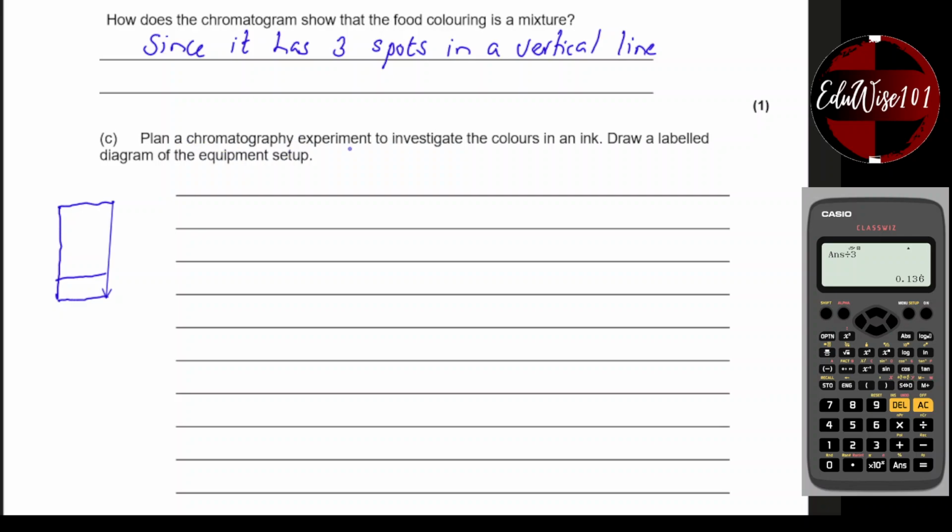Plan a chromatography experiment to investigate the colors in an ink. So in an ink, you only have one ink, so you're going to put that ink dot on this pencil line, and then you're going to place this chromatography paper or filter paper in a beaker containing water or solvent, and that level should be well below this dot, right? It shouldn't be touching the dot.